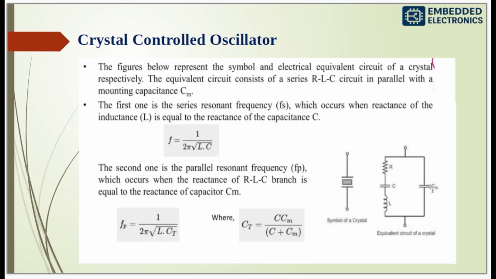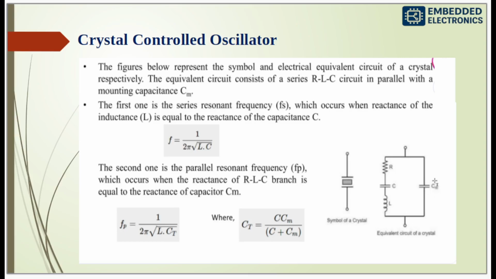The first one is the series resonant frequency Fs, which occurs when the reactance of the inductance is equal to the reactance of the capacitance, meaning XL equals XC. Then F equals 1 by 2 pi square root of L into C. The second one is the parallel resonant frequency, Fp, this one, which occurs when the reactance of the RLC branch is equal to the reactance of capacitor Cm.